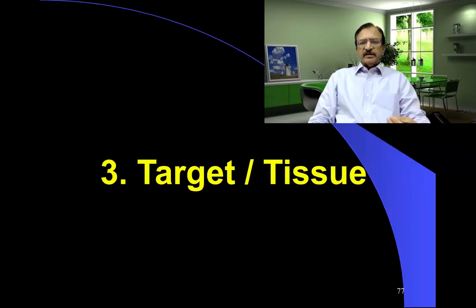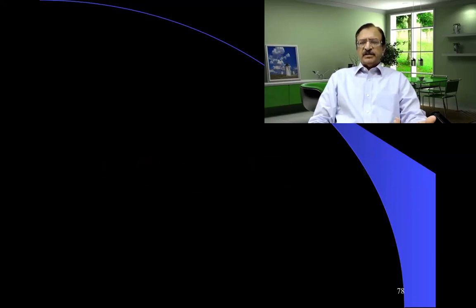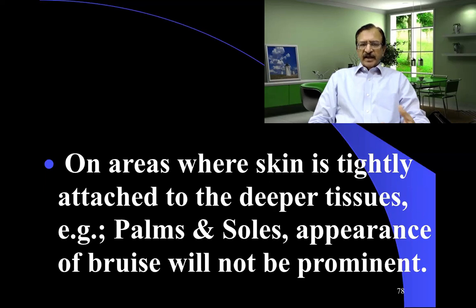Regarding the type of tissue, the area where the blunt force is being applied, that is, underneath there is hard bone, or it is a hollow viscera, or the soft bone, or the skin is tightly attached. In the areas where the skin is tightly attached to the deep tissues, like palms and the sole, the appearance of bruise will not be as prominent as other areas.